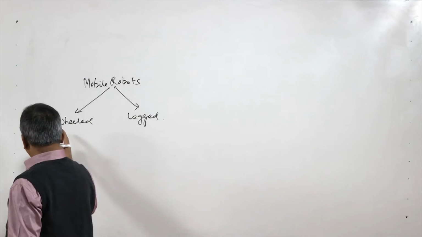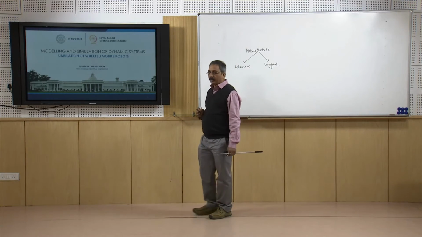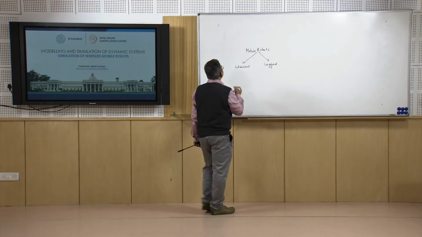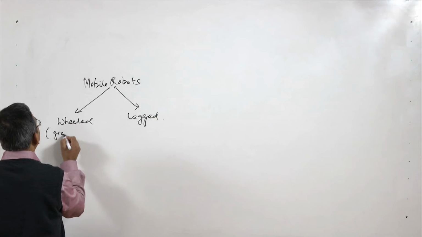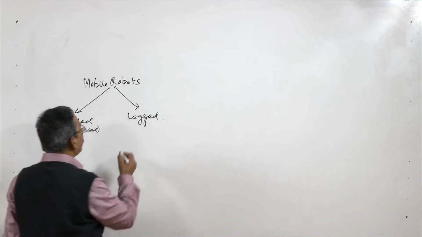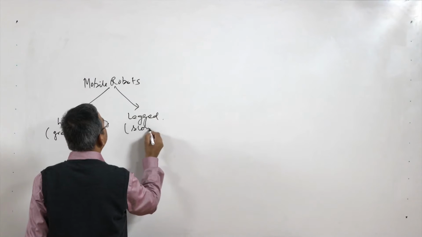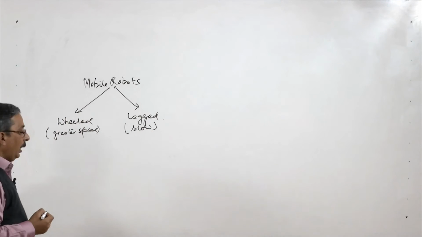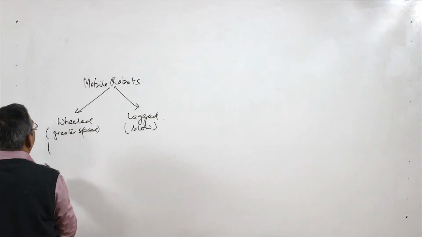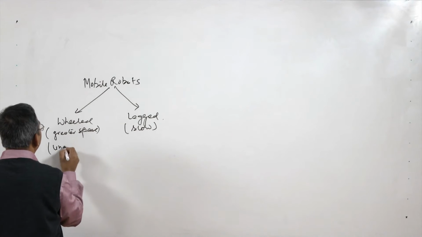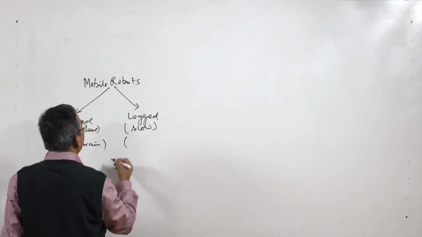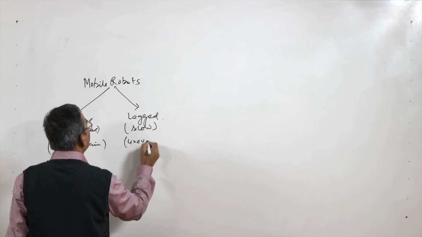So, the beautiful thing about wheeled mobile robots is that one can achieve a greater speed as compared to the legged robot, which are usually slow. But the drawback for the wheeled mobile robots is they are not suitable for uneven terrain, whereas legged robots can be used in uneven terrain.